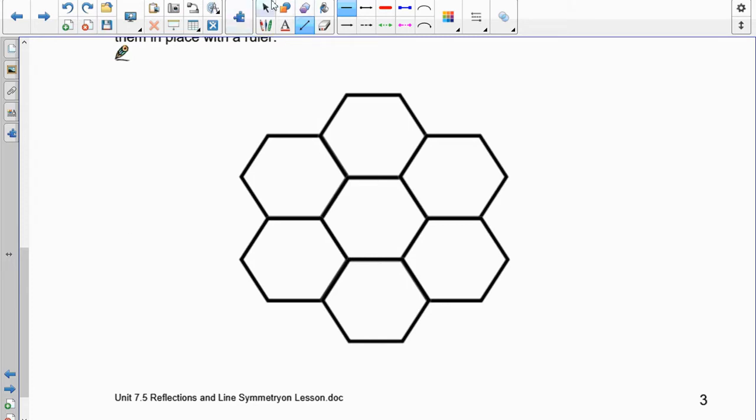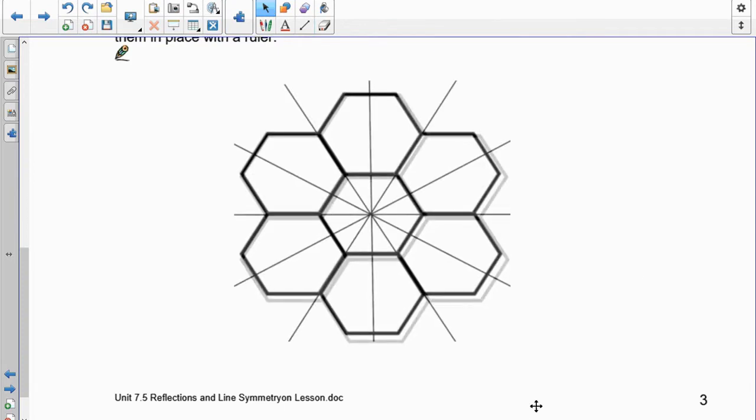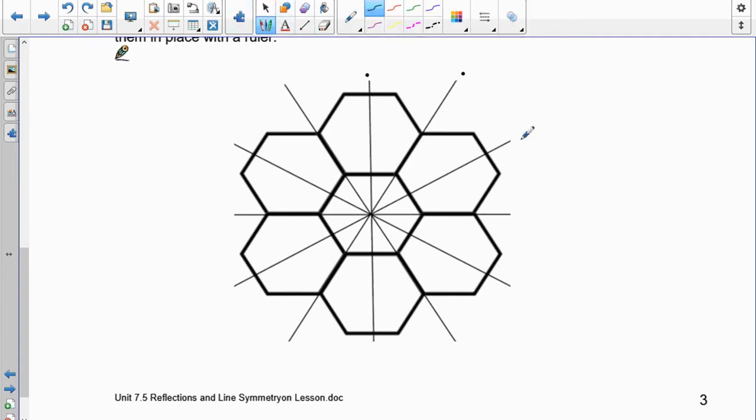All right, so we can take this out, and here are my lines of symmetry. There's one there, there's one there, and you can see them all drawn in there. That gives me 1, 2, 3, 4, 5, 6. Can't count this one because I already did. So this one here has 6 lines of symmetry.